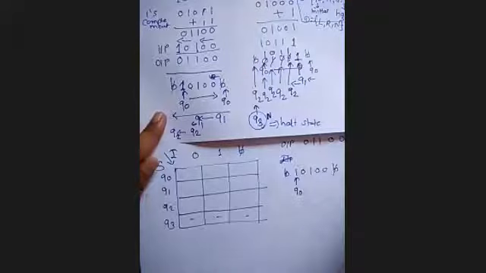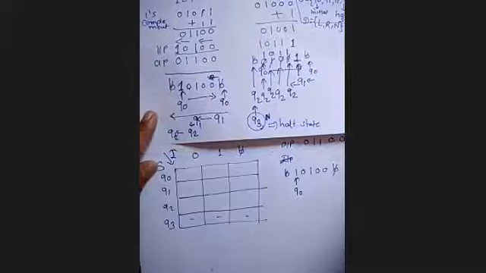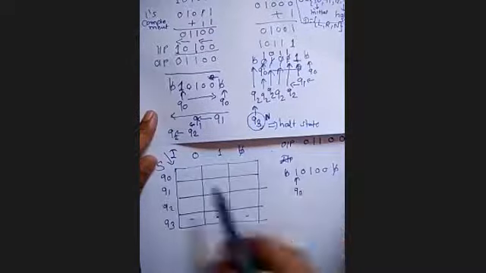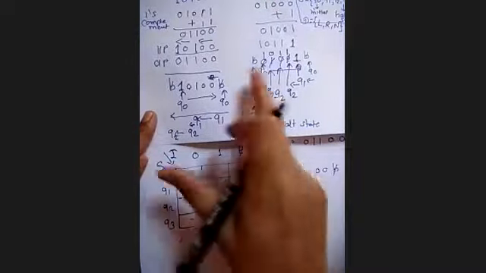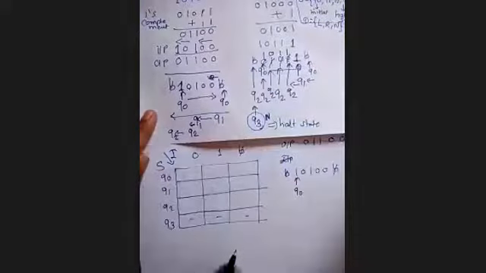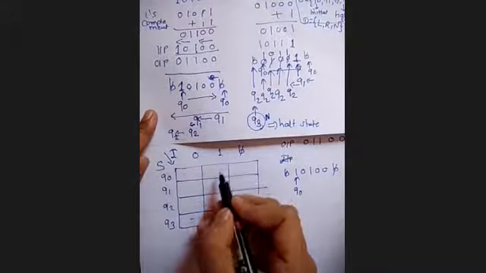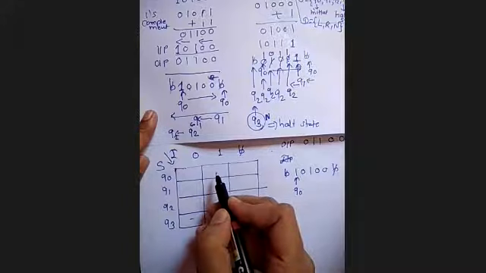So what is the action? Because in this example, we are going to start from the rightmost symbol, Q0 on 1. What is my action? What do I have to write here?